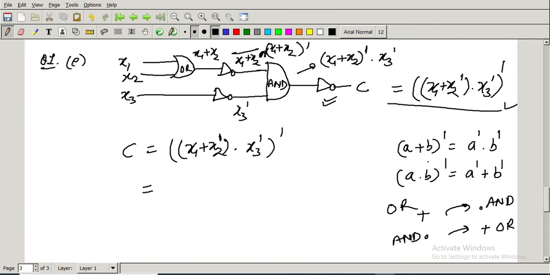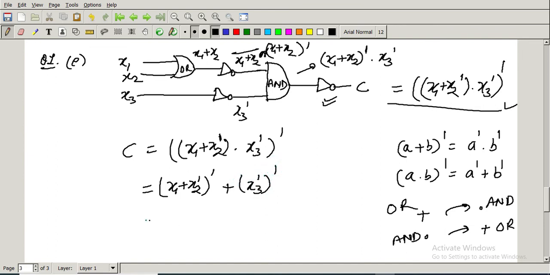And the operations are changed, and the complement applies to the individual elements. So here we have (x1 plus x2) complement, and this is the complement, then the dot will be changed to plus, and the x3 complement will be x3 complement, then complement.